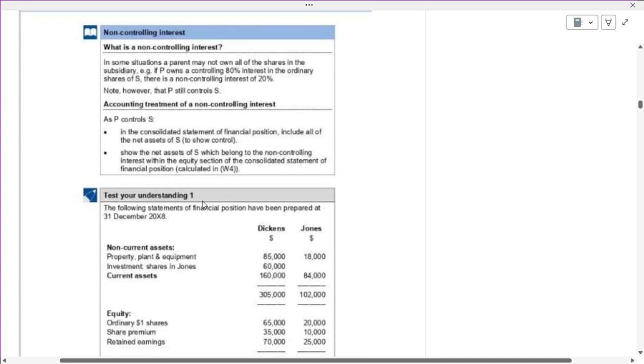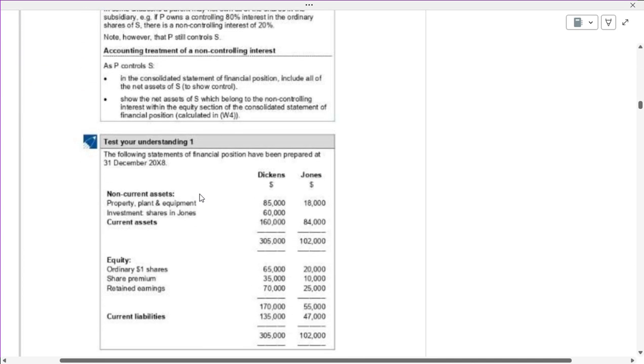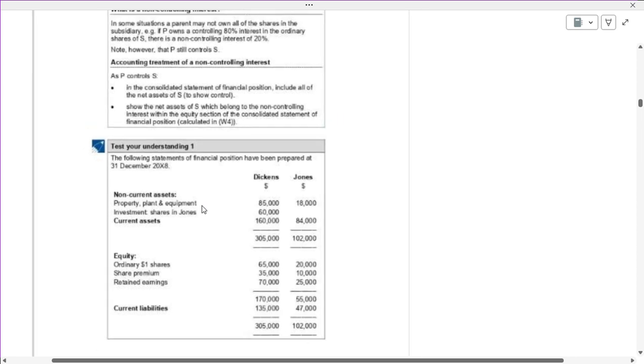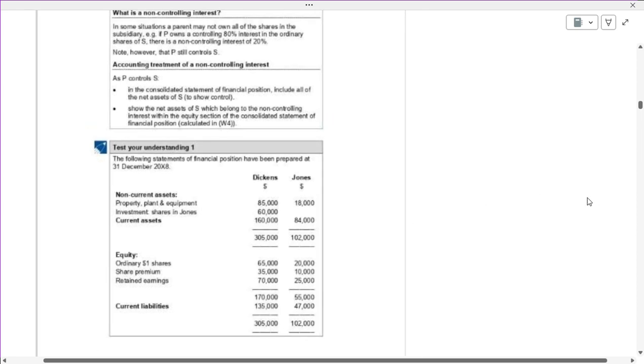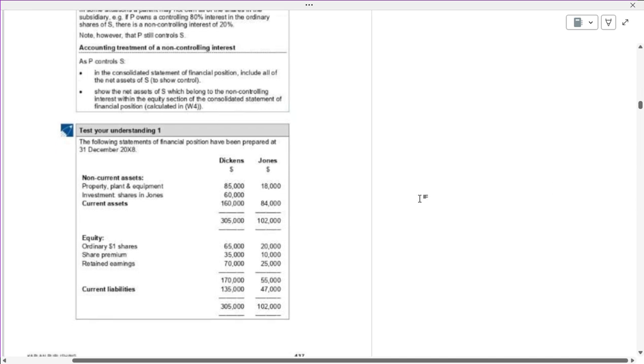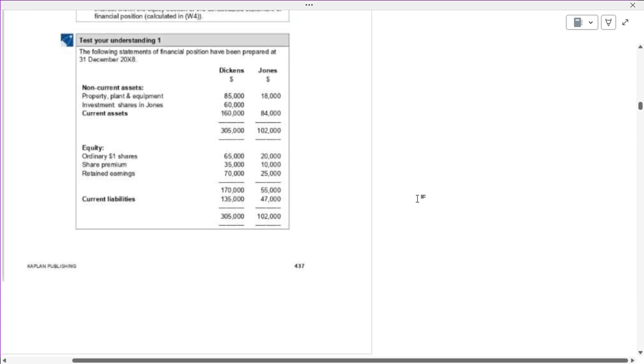Now, are you clear about this? Now we will do this. Keep in mind there are 5 steps: Working 1, 2, 3, 4, 5. Working 1 is the structure. Working 2 is the net assets at acquisition, reporting date, and post-acquisition.